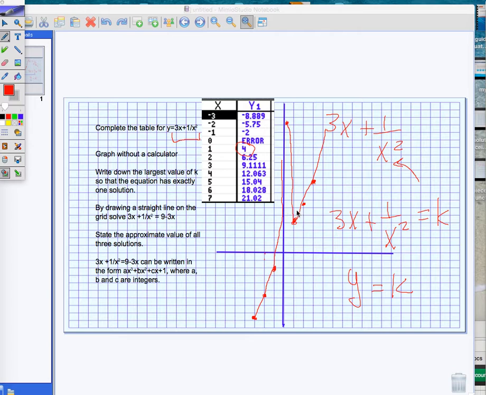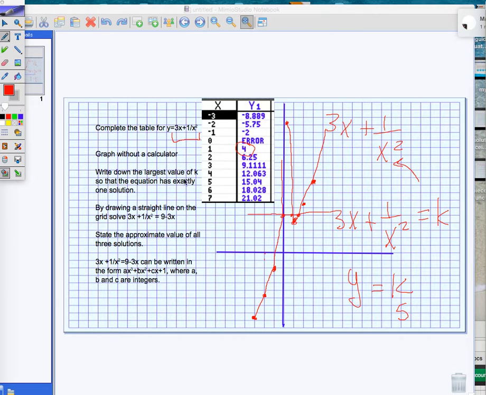If I were to draw a line at y equals 5, where k is 5, you can see that it is intersecting in 1, 2, 3 places. So that's giving us 3 solutions.